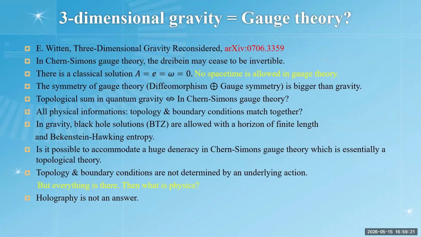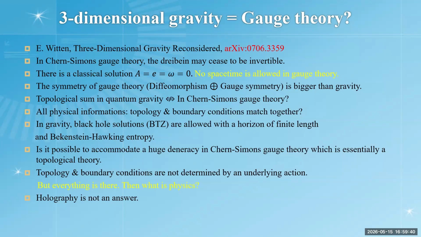But I want to ask the following question. Actually, my question is mostly raised by Witten in this paper. Is three-dimensional gravity really equal to gauge theory? Well, maybe the answer is maybe not. Why?